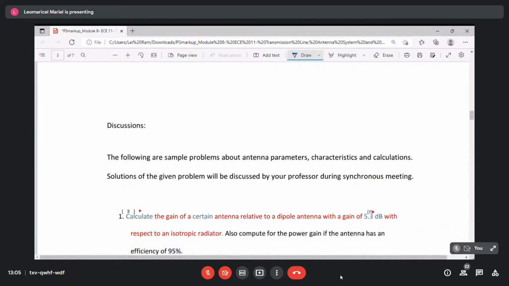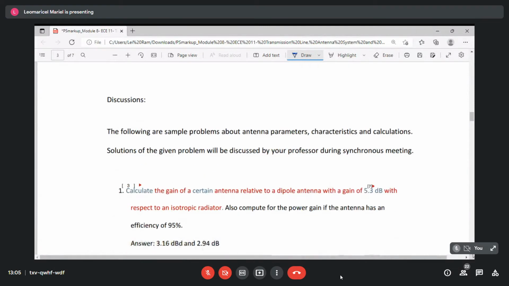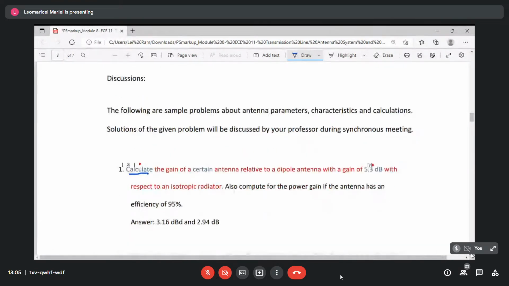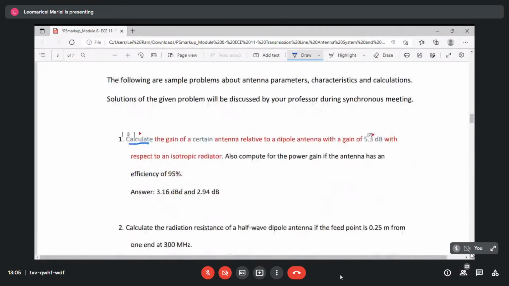Okay, so let's solve the following sample problems about antenna parameter characteristics and calculation. Number one: calculate the gain of a certain antenna relative to a dipole antenna with a gain of 5.3 dB with respect to isotropic. Also compute the power gain if the antenna has an efficiency of 95%.